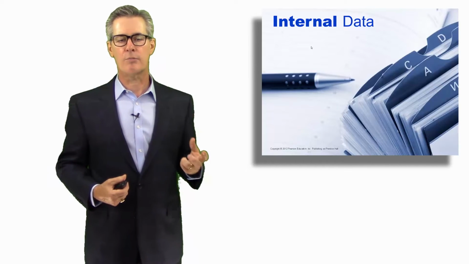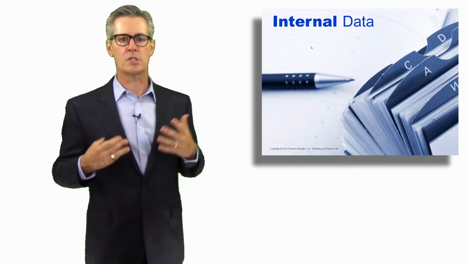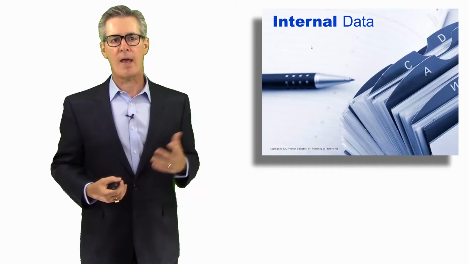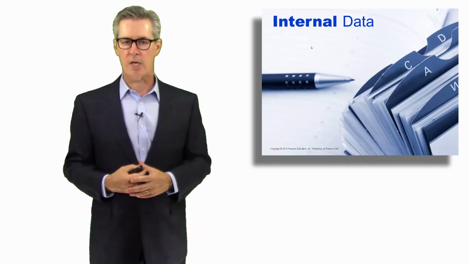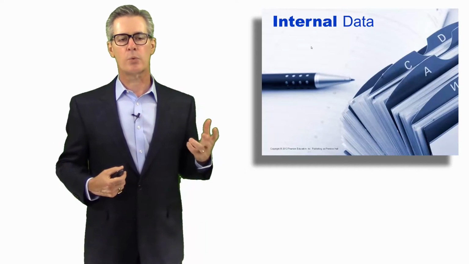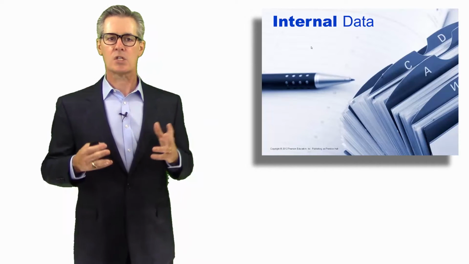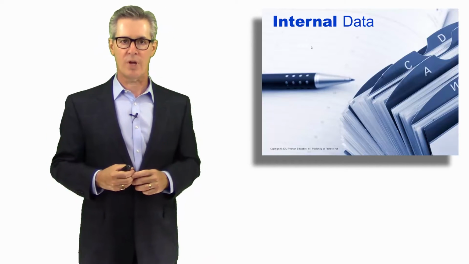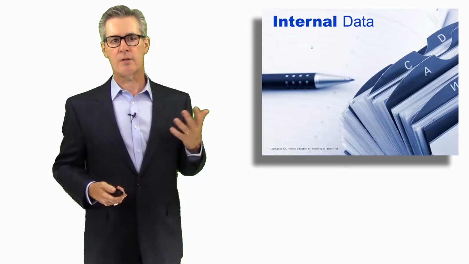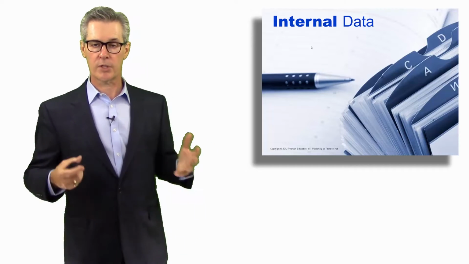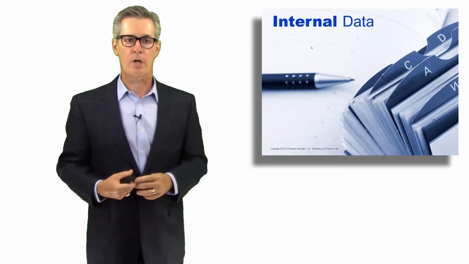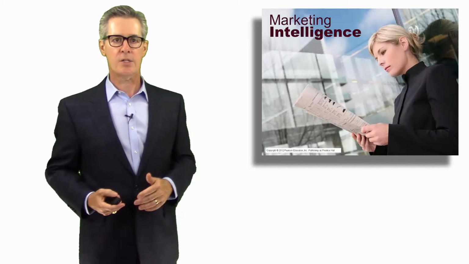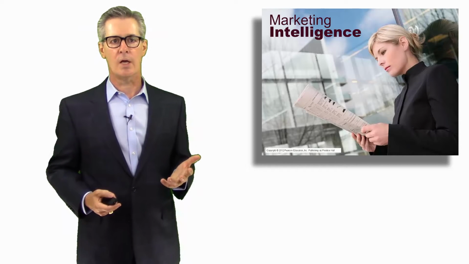Also, the tracking of marketing inputs, such as the amount of money spent on advertising or sales promotions, as well as the resulting outputs, things like coupon redemption rates. This has the advantage of being readily available because it's internal and probably owned by your company, but it doesn't tell the whole story. And so the next source of information is called marketing intelligence.